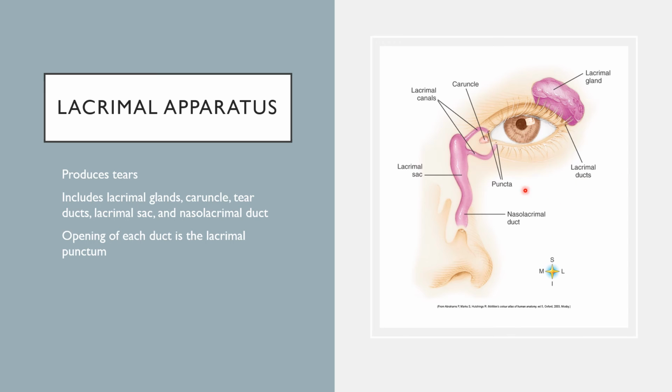Okay. So we can see here is our caruncle, which is in the inner corner of our eye. Here are our lacrimal canals, our lacrimal sac. Okay, here is a puncta, just the opening of the ducts. All right, a lacrimal gland up here, and our nasolacrimal duct. And again, this image is from your book, so you will be able to review it.